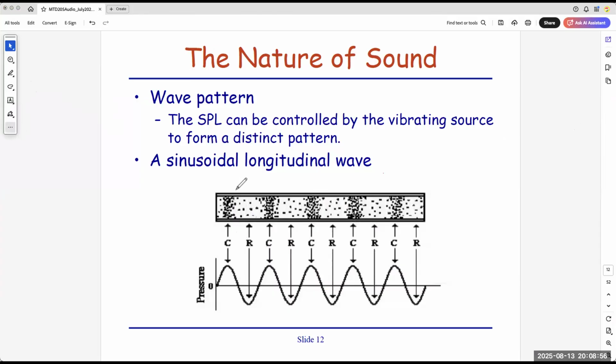So you can see the compression and relaxation. Compression means you push hard, therefore it presses the air particles all together. When it's relaxed, there's no pressure. When it's being pushed hard, there's pressure, so it's at the high pressure.